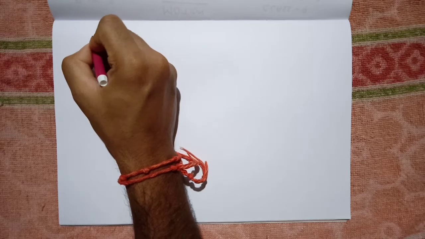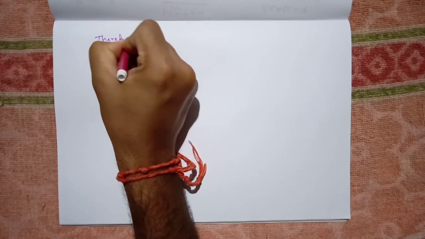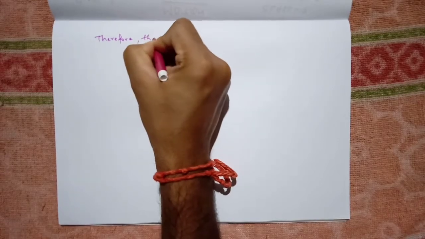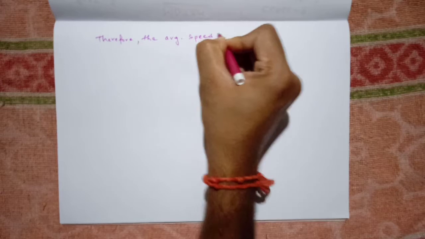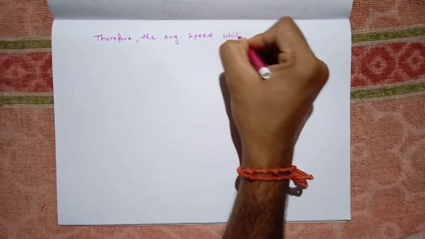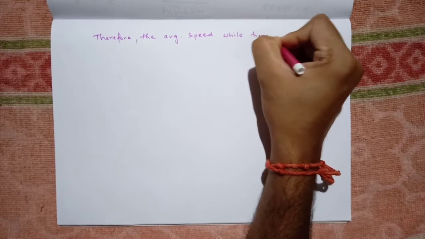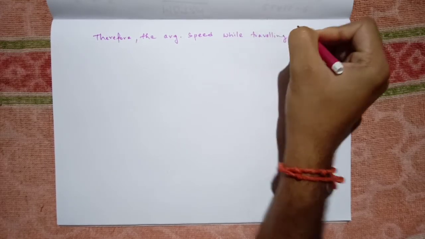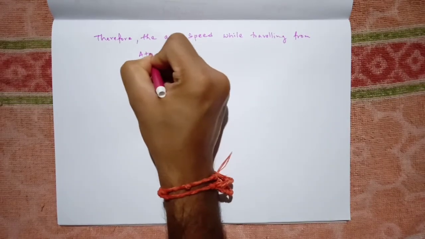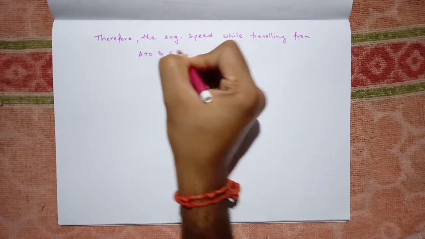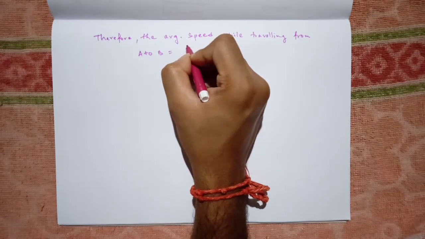Now, therefore, the average speed while traveling from A to B will be total distance traveled by total time taken.